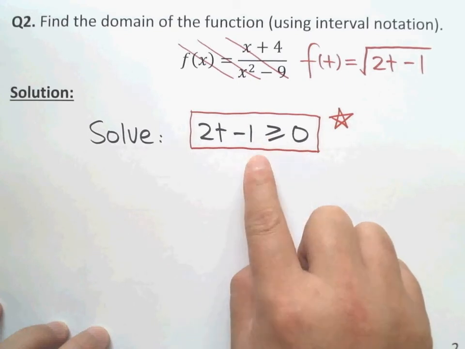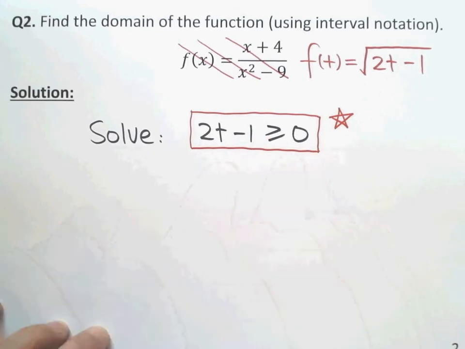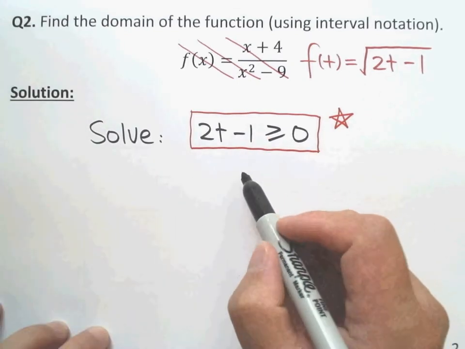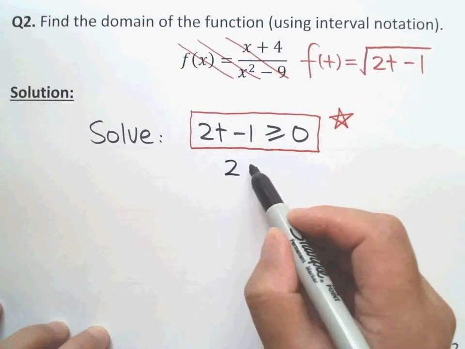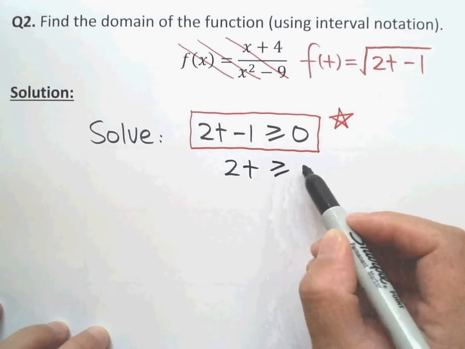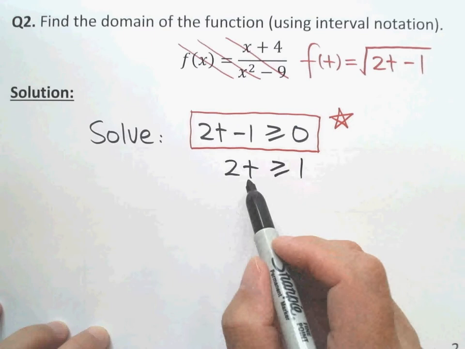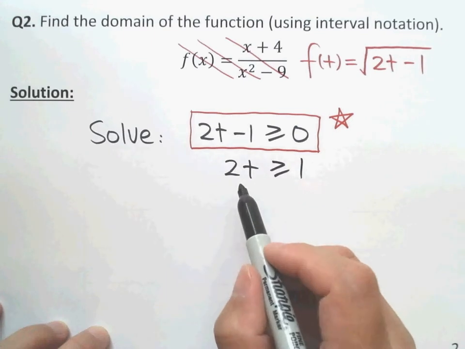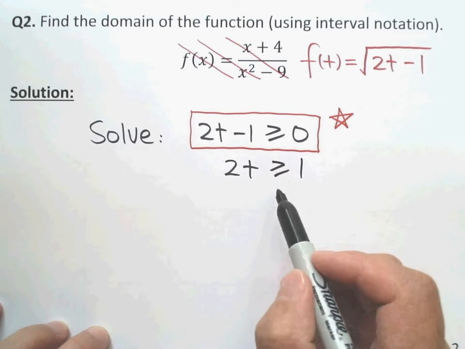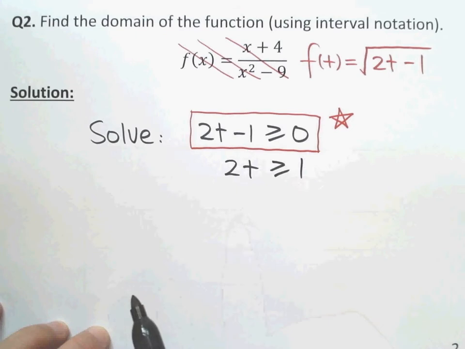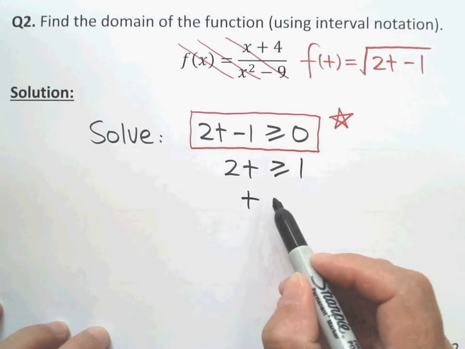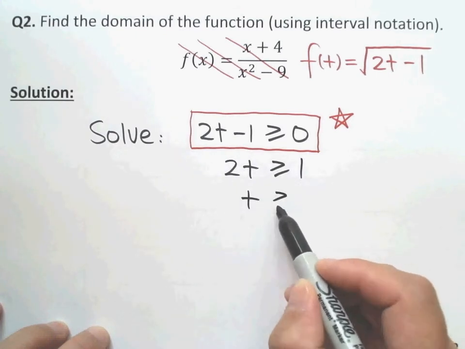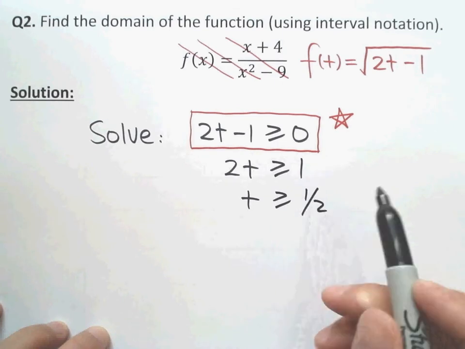It's a linear inequality: plus 1 on both sides, so we get 2t greater than or equal to 1. Divided by 2, and 2 is a positive number, so we don't change the direction of the inequality sign. So t is greater than or equal to 1/2.